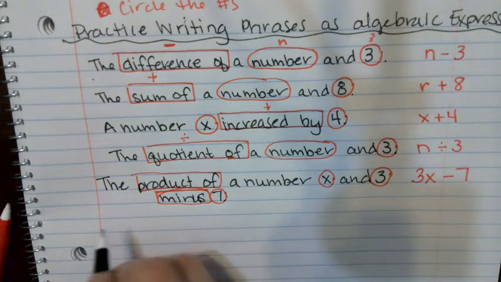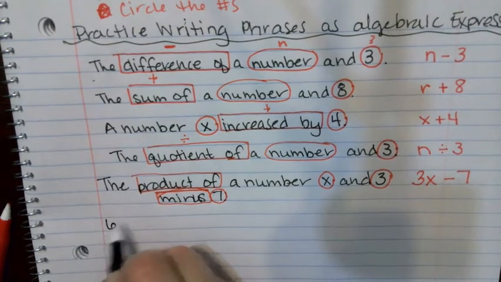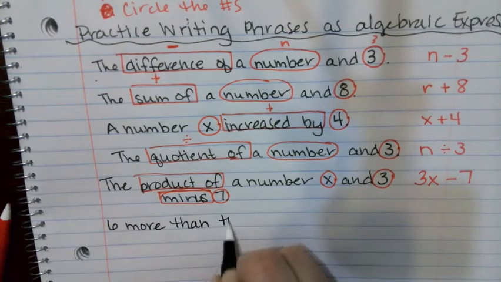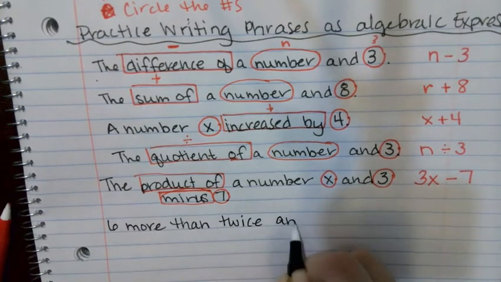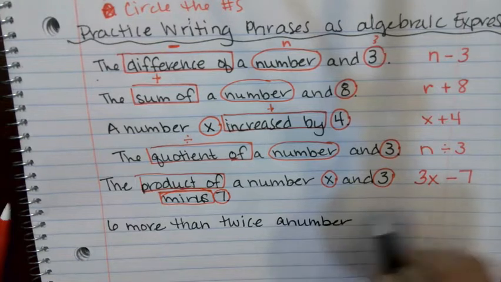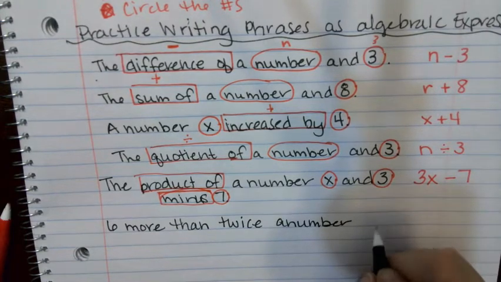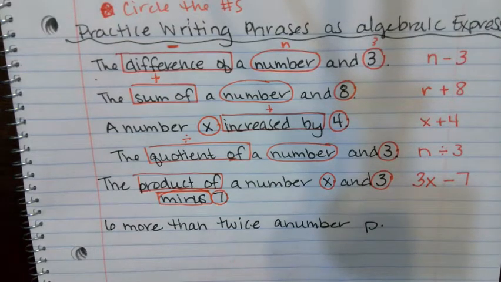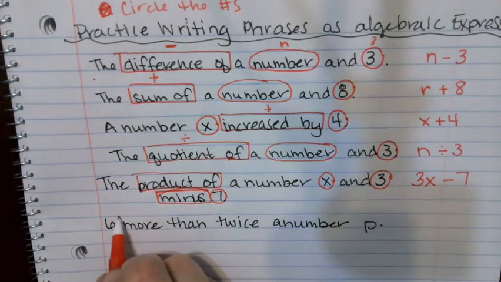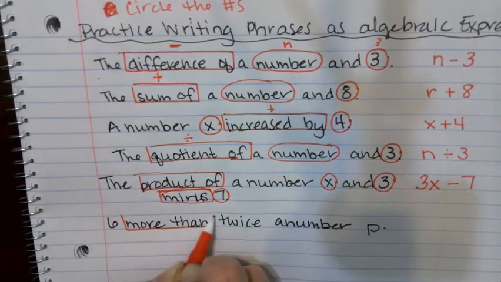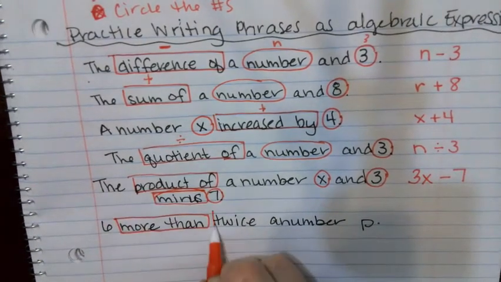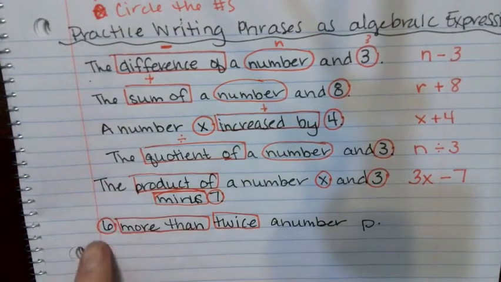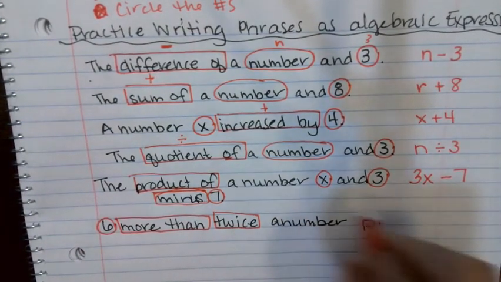Okay, let's try twice. How about 6 more than twice a number p? So I have 6, I have more than, and I also have twice.